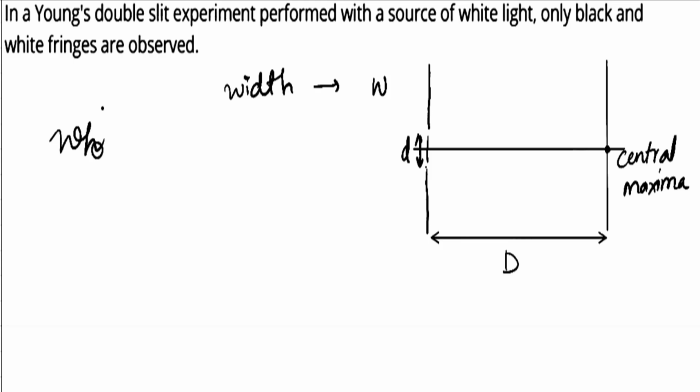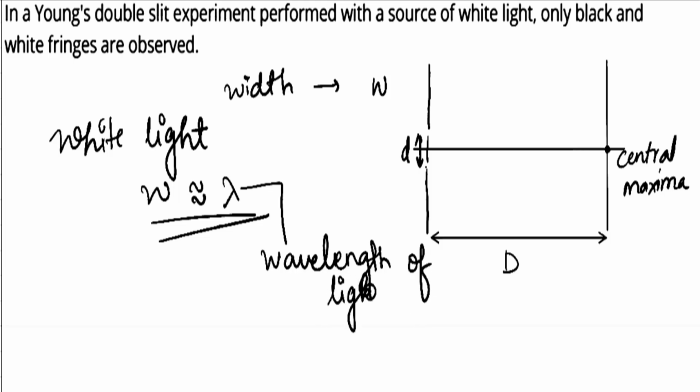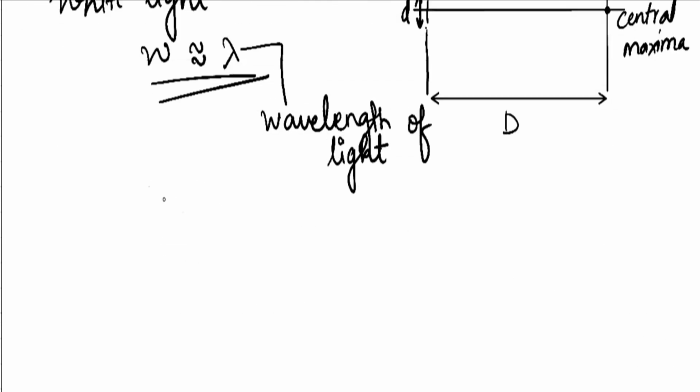When we use white light, what does that mean is, since W is almost comparable to lambda, that is the wavelength of light used, right? So what happens is there is a diffraction of light.